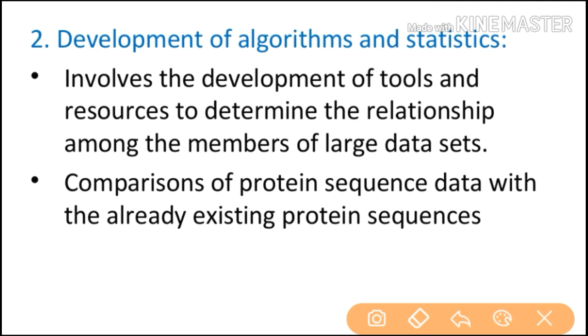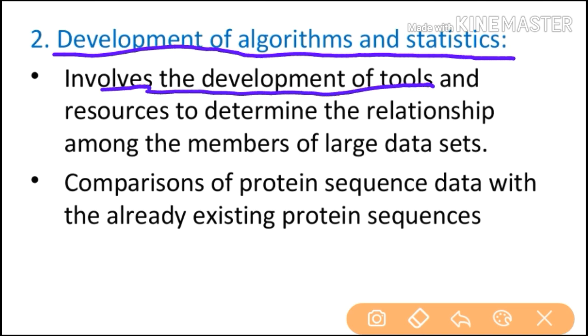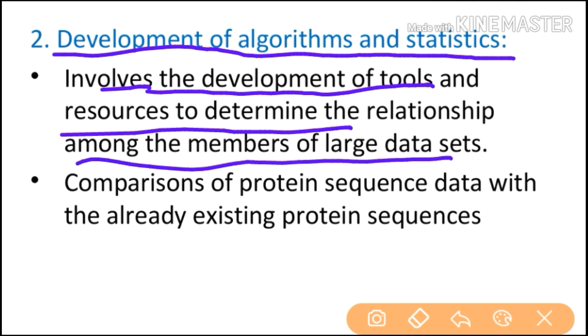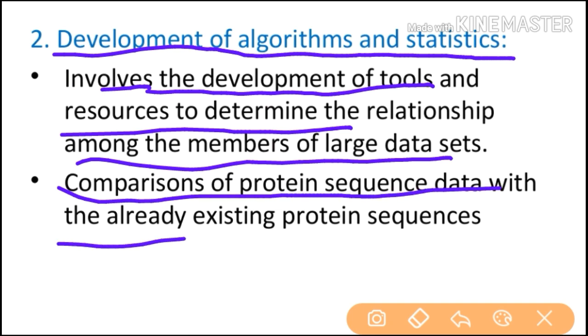Another step in the foundation of bioinformatics is development of algorithms and statistics. In this we develop tools and resources to determine the relationships among the members of large data sets. Comparison of protein sequence data with already existing protein sequences is an example.